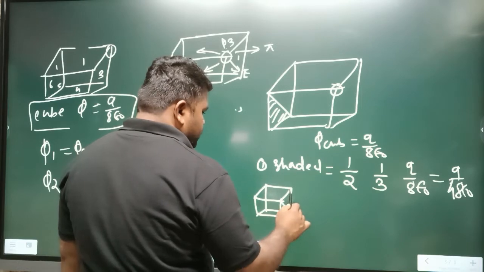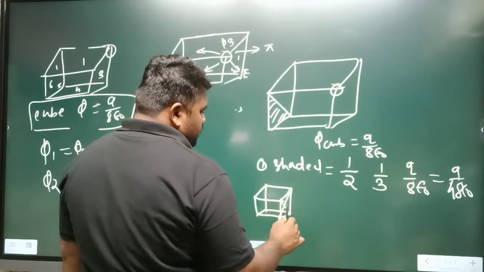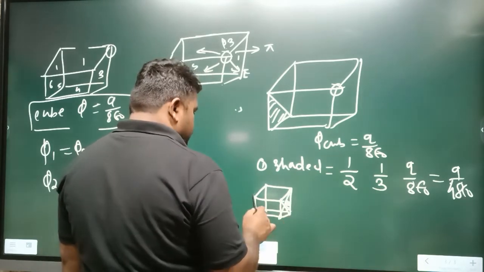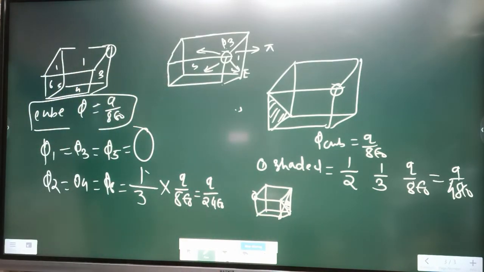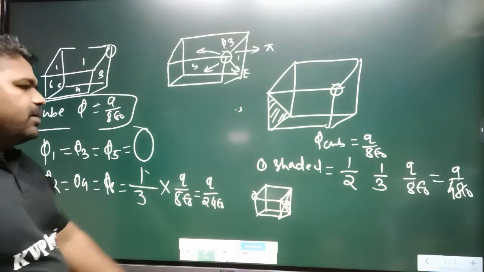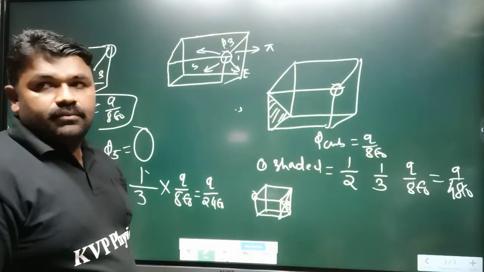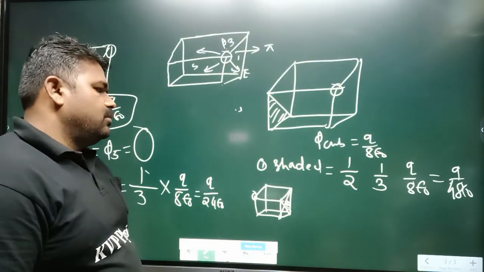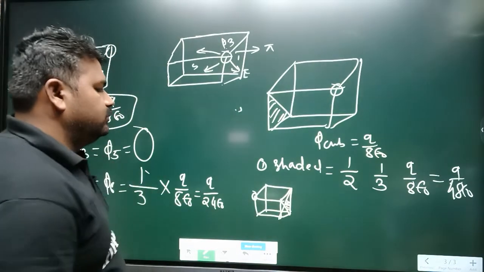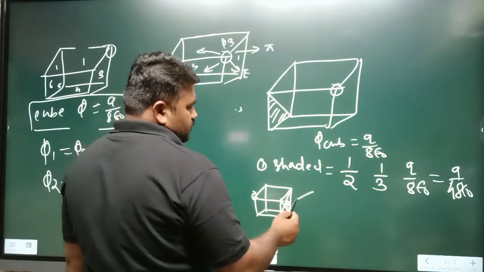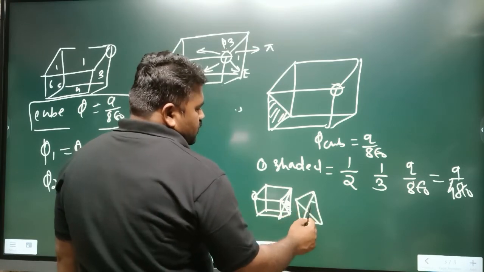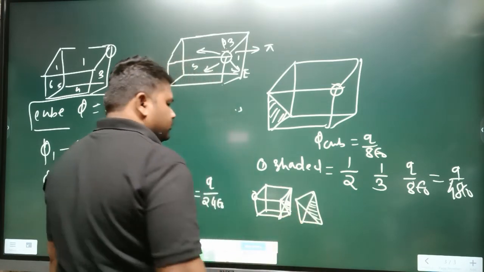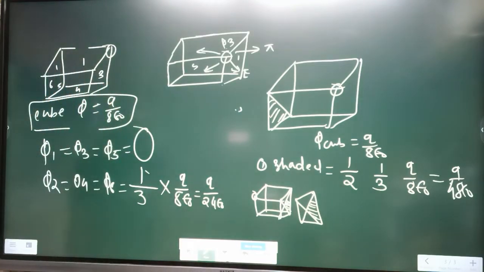How much flux passes through this shaded region? The charge is here. This is how much part of one surface? 1/4 part.